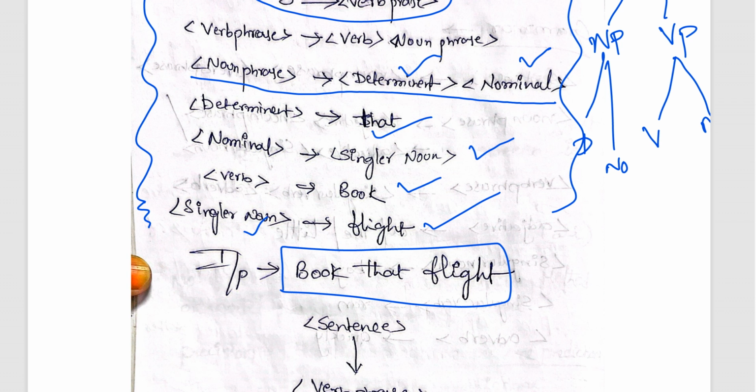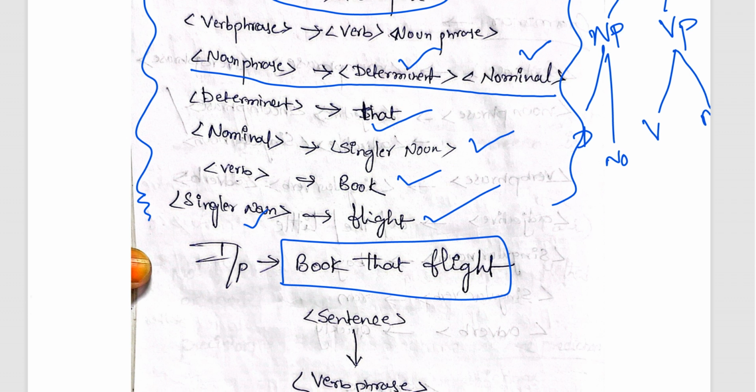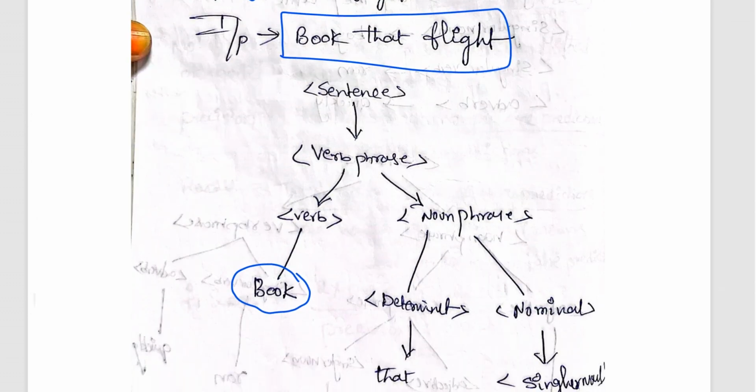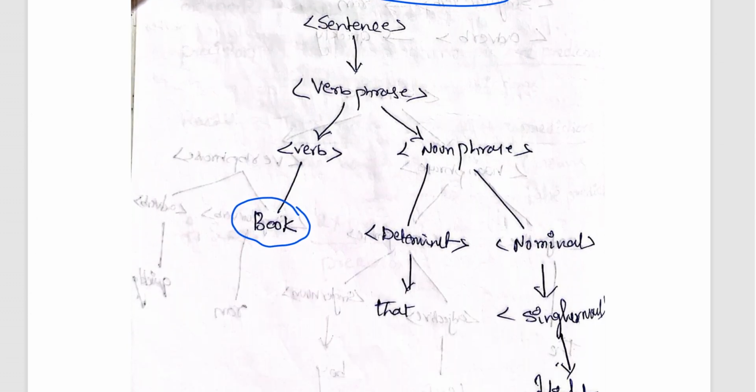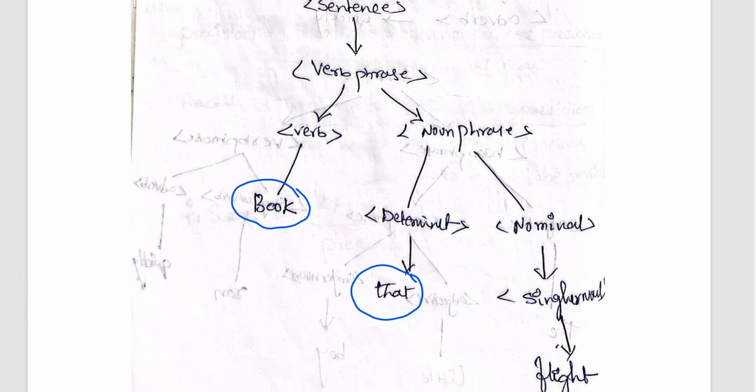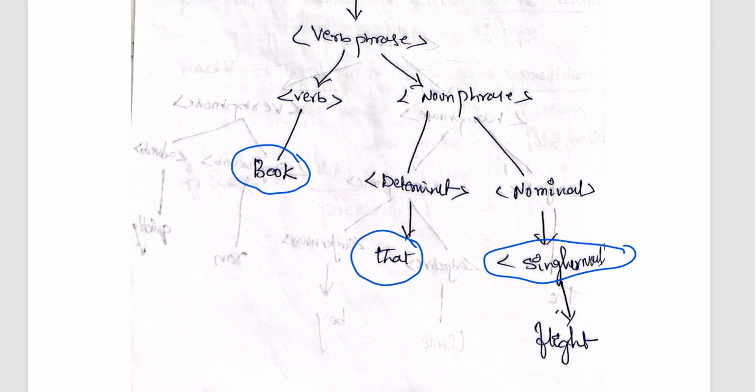So you need to understand this grammar very clearly. Which non-terminal is followed with which terminal, that you need to understand very clearly. Okay, now coming to here, see this one, noun phrase, determinant and nominal. So the determinant available here is that. Then coming to the nominal, nominal is followed with singular noun.